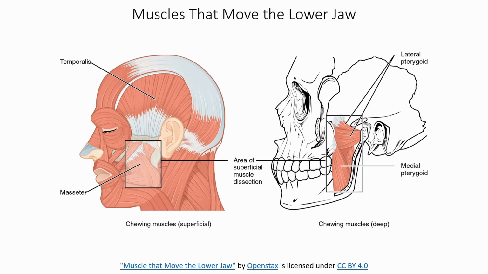Keep in mind too, this is the first time we're also bringing up superficial versus deep muscles. Most of the muscles you've probably learned about in a previous class, if you learned about any muscles, were superficial, meaning the ones that are closest to the surface, right underneath the skin and fat. Versus the deep muscles, which are much deeper in, further into the body, towards the middle.